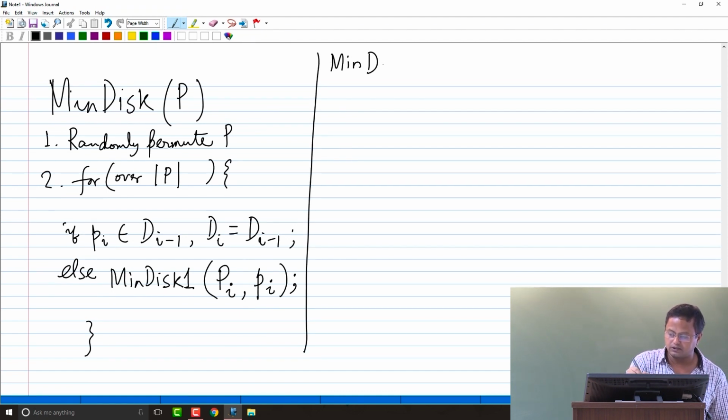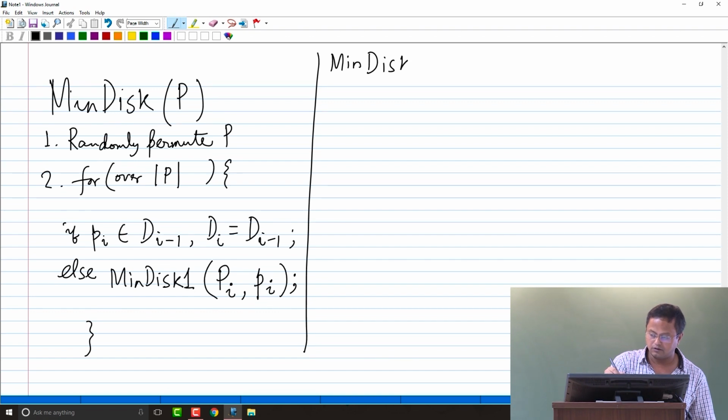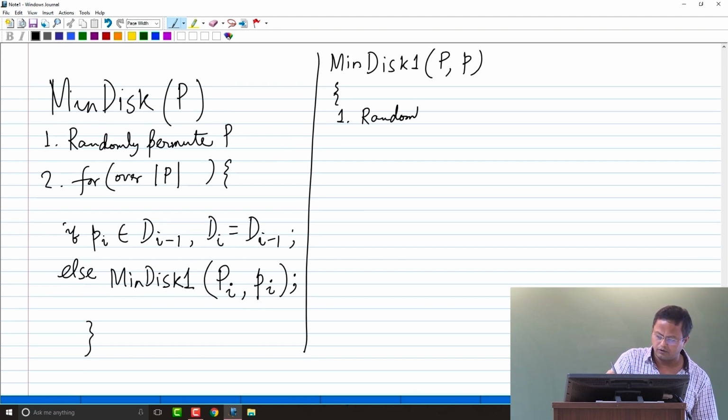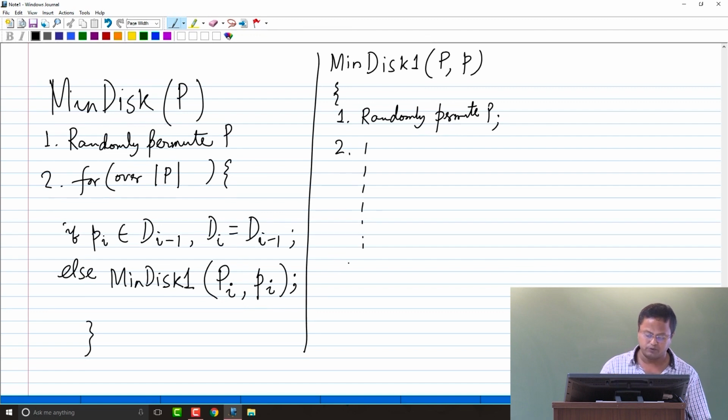So, your min disk 1 is now some P and some small p. Again you can think of randomly permuting P, then do the same thing.